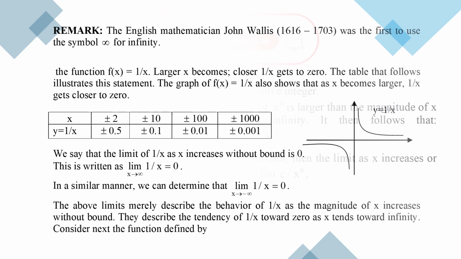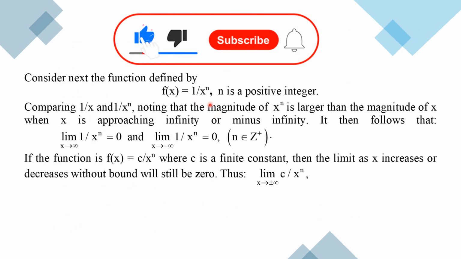Consider the next. If we have 1 over x to the power n, then limit x tends to infinity of 1 over x to the power n is also 0, and limit x tends to minus infinity of 1 over x to the power n is also 0, where n is a positive integer.